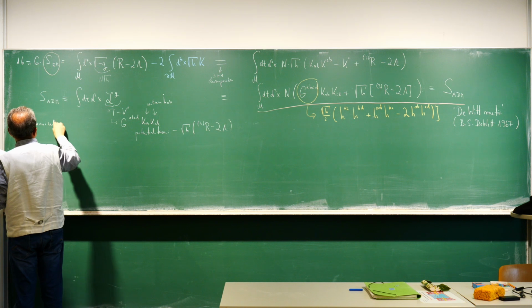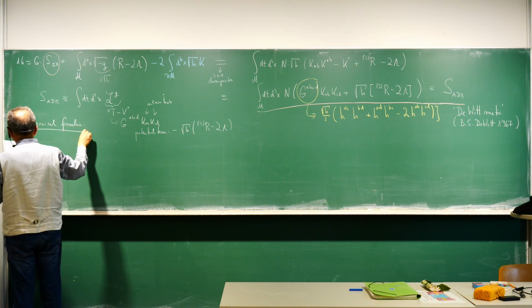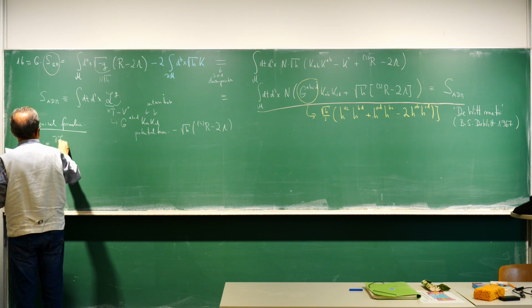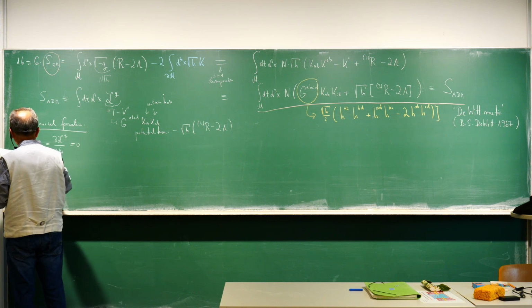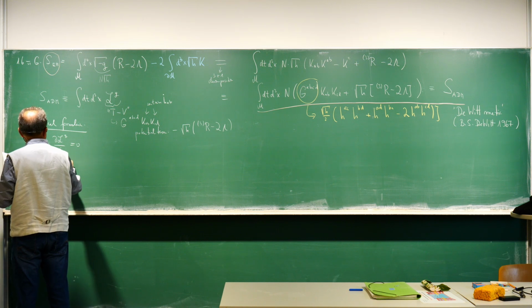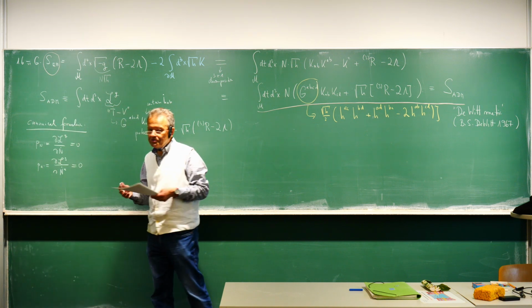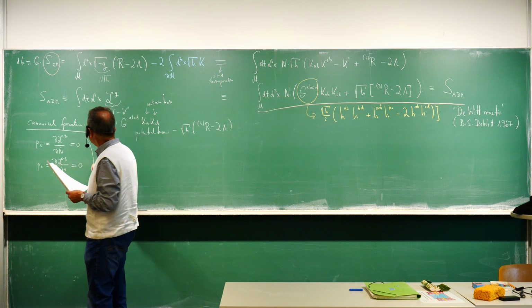Canonical formalism. So let's have P_N, which is dL_g over dN dot, and it is 0, and also P_a, which is defined as dL_g over dN^a dot, is 0, and because they're 0, there are also constraints. Okay, you see here, these are constraints.